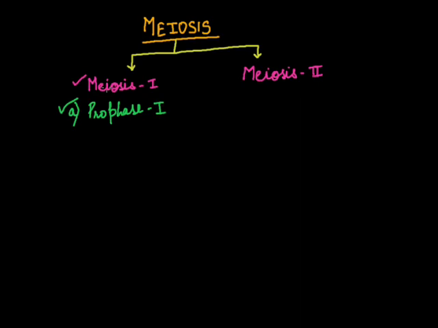In pachytene, these homologous chromosomes undergo crossing over, in which segments of chromatids are exchanged between non-sister chromatids.